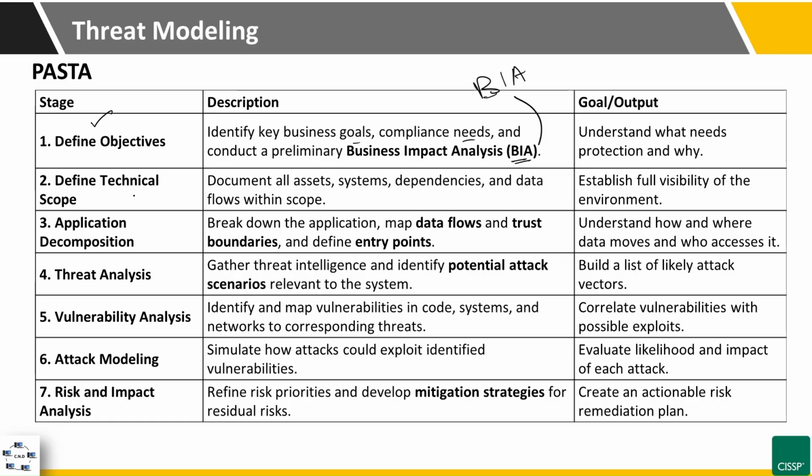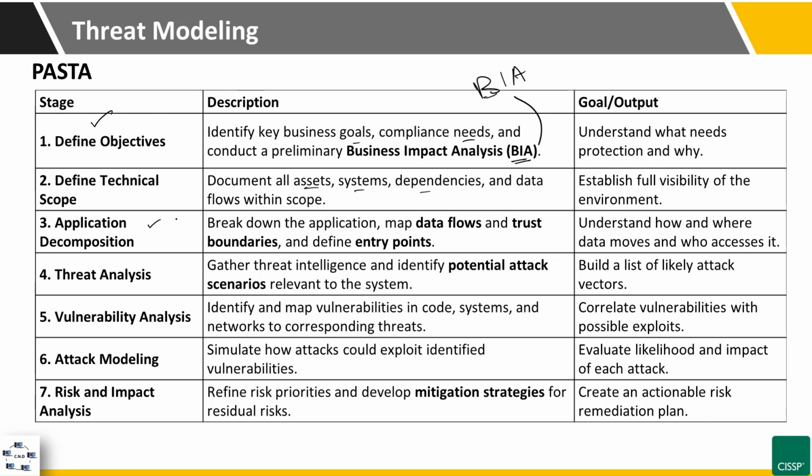Next is define technical scope, which is documenting all assets, system dependencies, and data flows within scope. So this gives us full visibility of the environment: what is the technical scope, what are the systems, what are the assets that need protection.